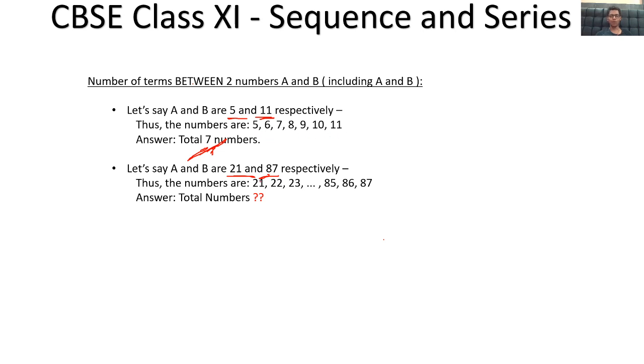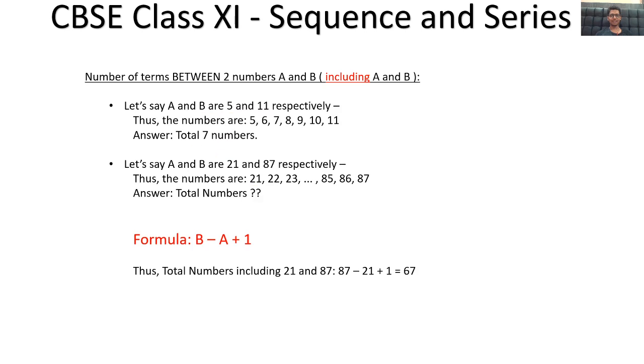However, when the difference between the numbers is so large that it cannot be counted on fingers, it would be really tough to calculate the total numbers. Thus, we came up with a plan. Any guesses? How many numbers should be in between 21 and 87, including 21 and 87?